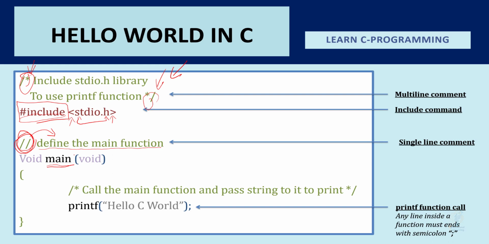You just need to know that you must add two parentheses, add the word void between them, and add the word void before the name of the function. Now, this is a curly brace. This is the opening and the closing of the curly brace. Here we added another multi-line comment, called the main function and pass string to it. Now this is the main function.